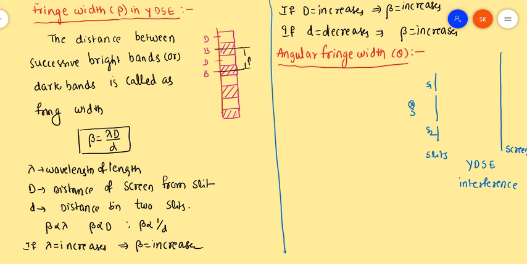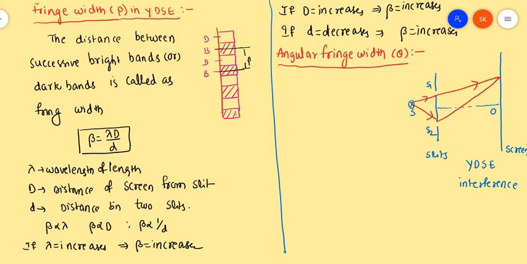See the figure very carefully. This is the center of the screen, O is the center of the screen. Here bright bands and dark bands will form. If you take any light ray, it starts from the source S and is incident on the two slits. Slits are openings through which light passes, and that light is incident on the screen like this.